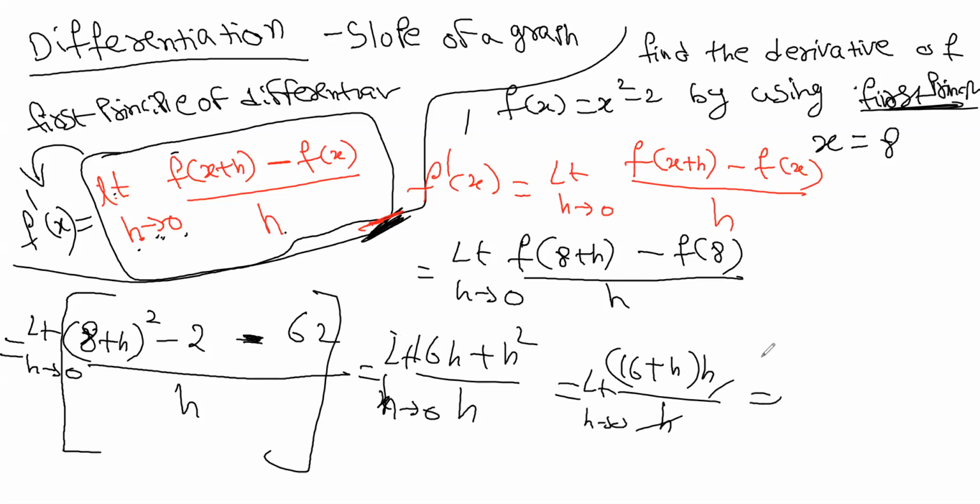When you substitute h as 0, we get the answer as 16. This is the differentiation of x square minus 2 at x equal to 8.